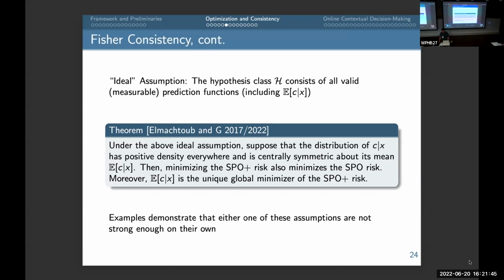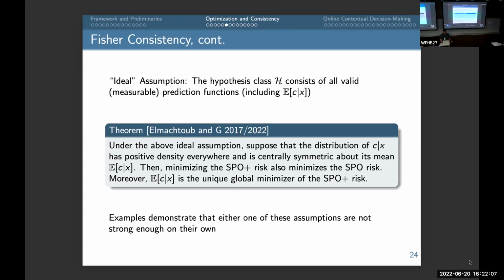So think a normal distribution, but a generalization of that. Then minimizing the SPO plus risk also minimizes the SPO risk. And moreover, the expected value of C given X is the unique such minimizer. Okay. So this verifies the Fisher consistency property, which is nice.